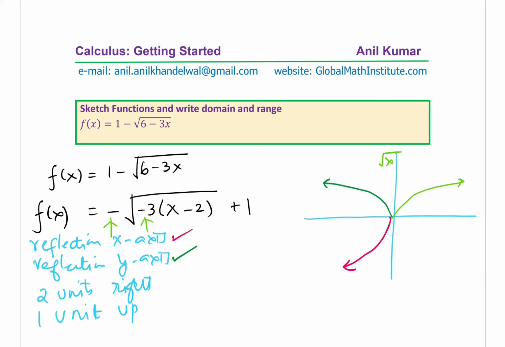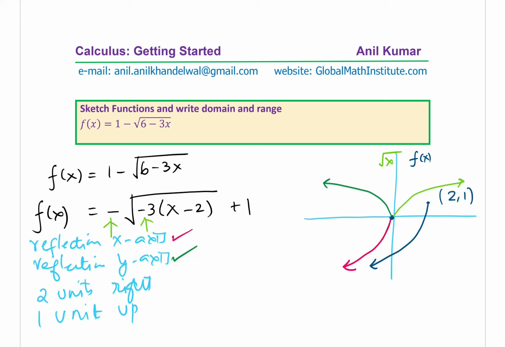After this reflection, we have to change the position from 0. It moves 2 units right and 1 up. So 2 units right, 1 up will give you this final graph, correct? That becomes the function for us, where this point here is 2 right and 1 up.